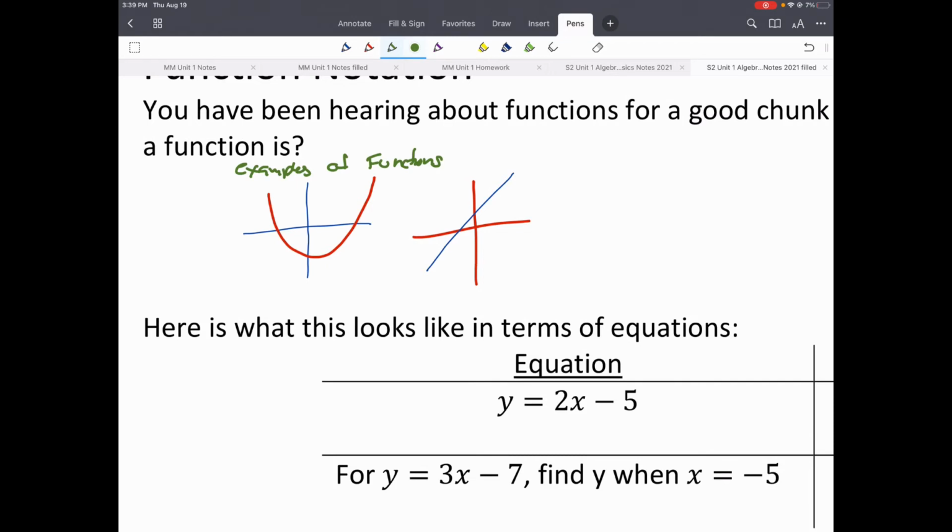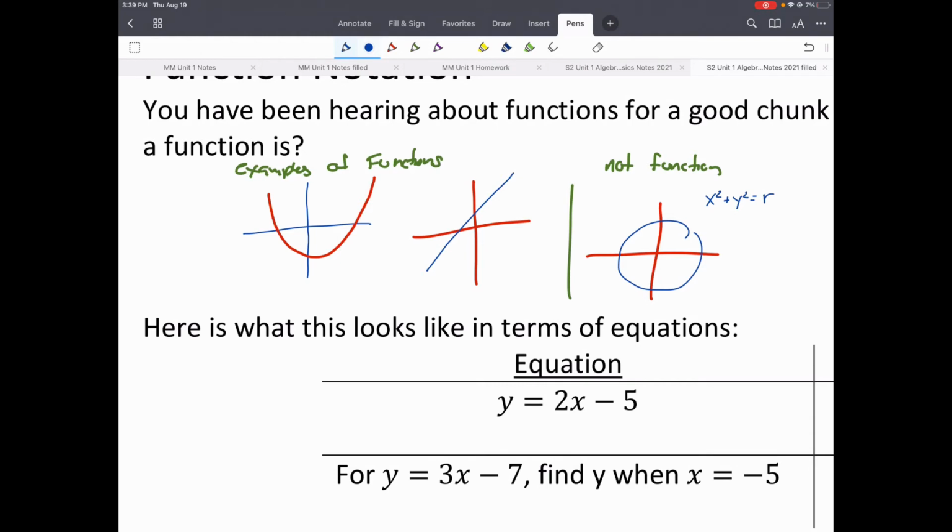Okay? A non-example, or not a function, could be something like a circle equation, and how that's written is x squared plus y squared equals like the radius.